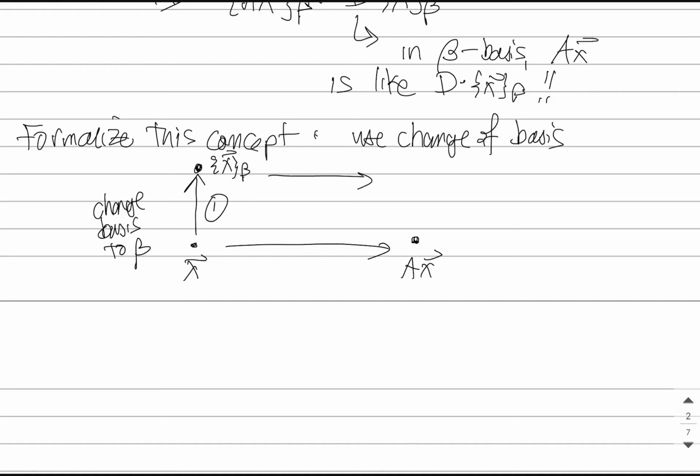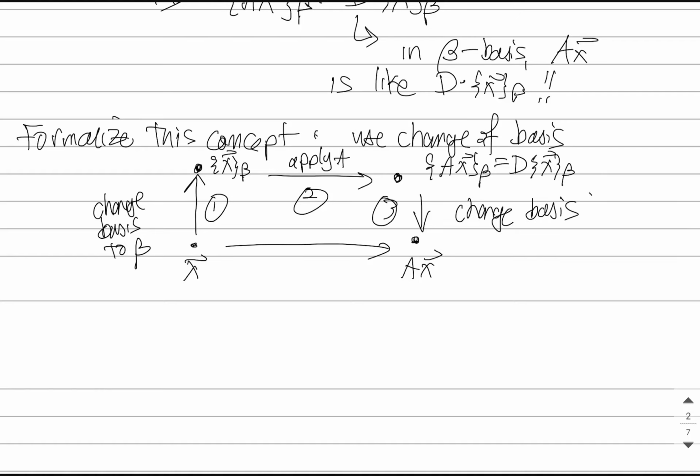Once we are in that basis, then we are going to apply the transformation. Now, the advantage of doing this is that the transformation is just a diagonal times the coordinates there, and then we're going to change back. So we're going to change our basis back to standard.